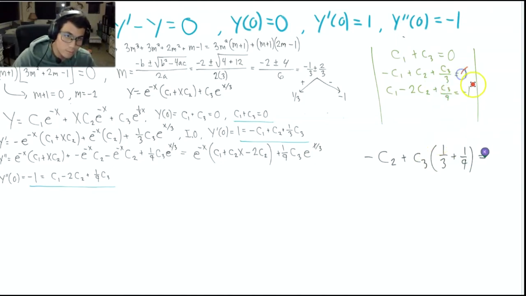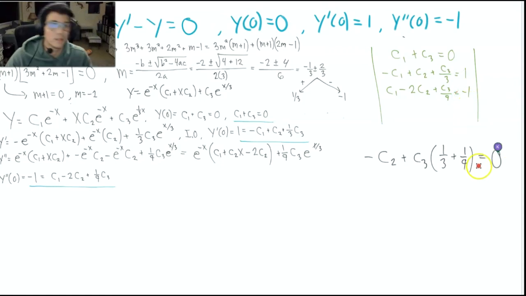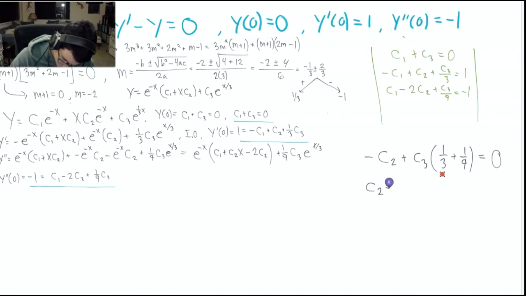And 1 plus -1 is 0. Okay, so this is really nice to have right here. So you could write C2 is equal to C3 times, now this is 3/9 and this is 1/9, which is 4/9. Okay, so this is an important piece of information.